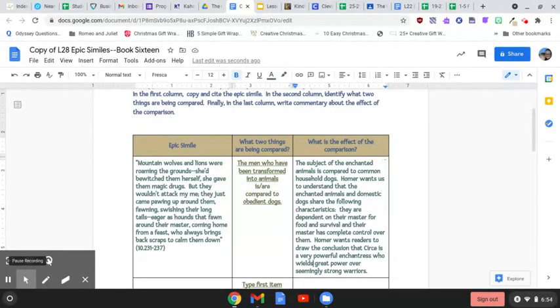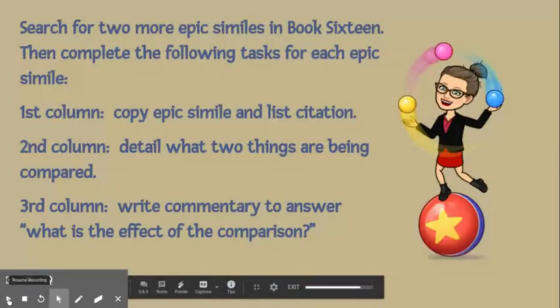Homer wants us to understand that the enchanted animals and domestic dogs share the following characteristics. They are dependent on their master for food and survival, and their master has complete control over them. Homer wants readers to draw the conclusion that Circe is a very powerful enchantress who wields great power over seemingly strong warriors.